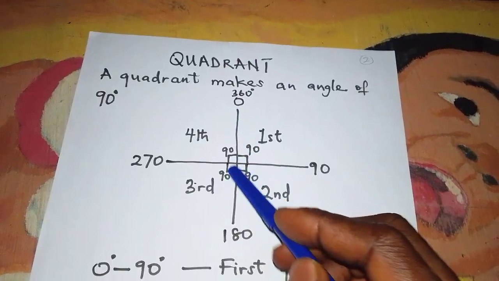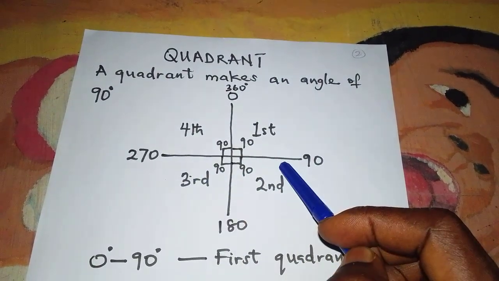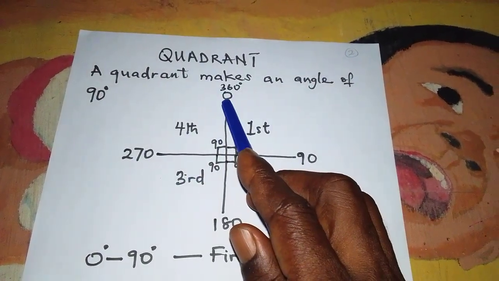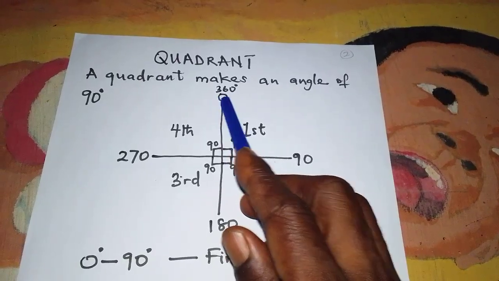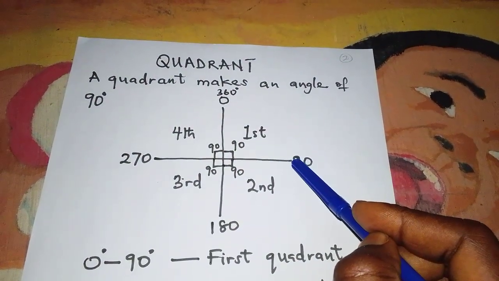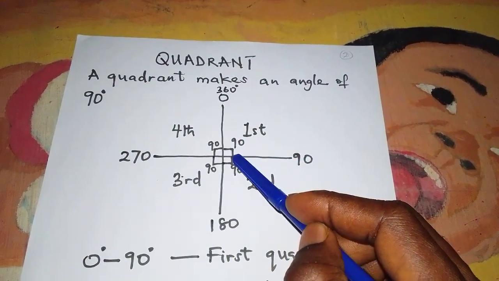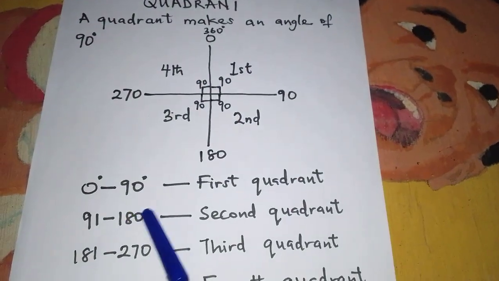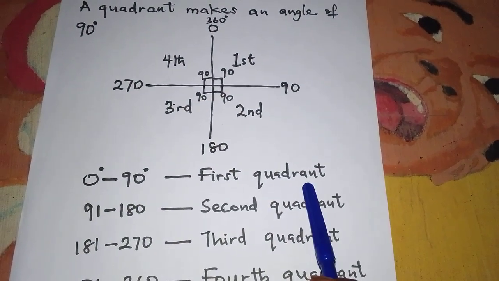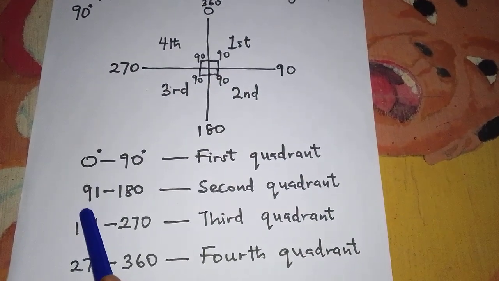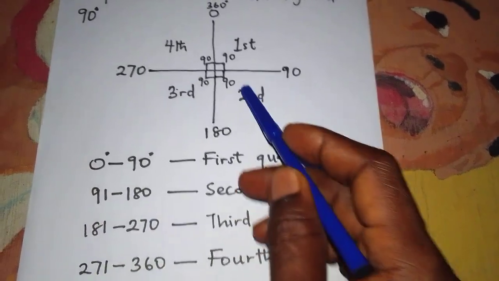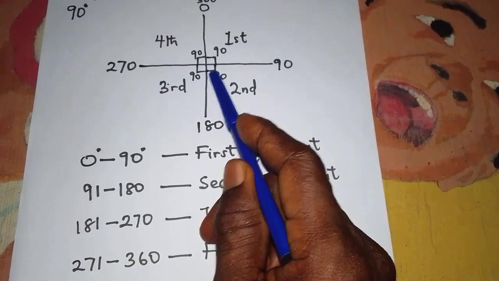If you draw the four cardinal points, and you are starting your zero from here, 90 is here. So this is the first quadrant. Between 0 and 90 is the first quadrant. Between angle 91 to 180 is the second quadrant. So the second quadrant is here.